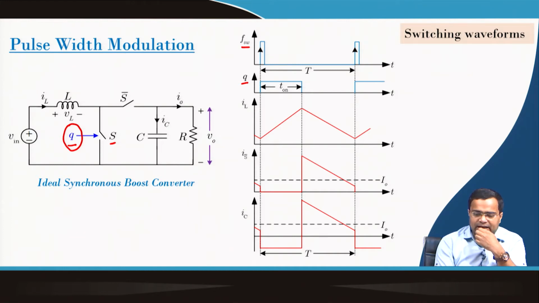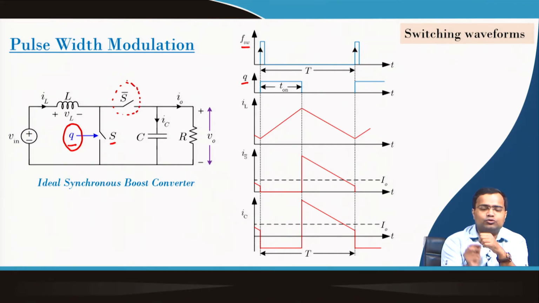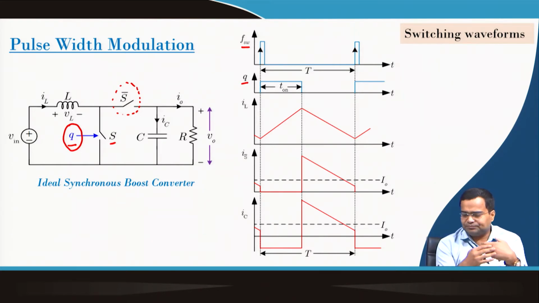If we take the current through the switch S bar, which is the diode current, in a conventional boost converter this is replaced with a diode, but in a synchronous boost converter we can use a switch. This current is discontinuous, because when the switch is on, S bar is off, so the current through S bar is 0. When the switch is off, the current through S bar becomes the inductor current, and so on.